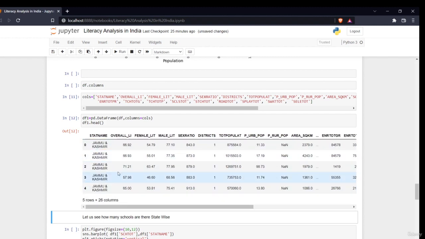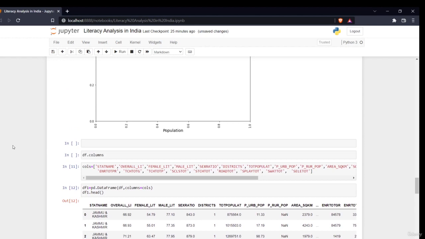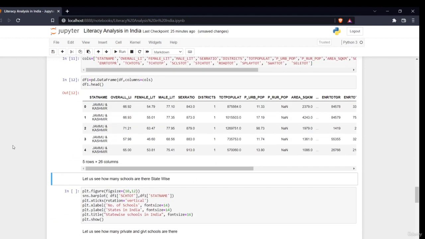All the different states, and I've removed the district for now because it is not possible to do the analysis of each and every district. There are around 680 districts, so we'll be sticking to the states and seeing which state has the highest literacy, and everything will be done on the basis of state.